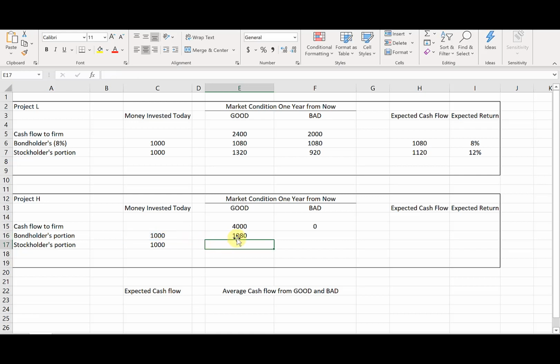So their initial investment of $1,080 in interest. Stockholders would receive what's left after paying the bondholders. So from this 4,000, the firm would pay the bondholders, leaving the stockholders with 2,920.